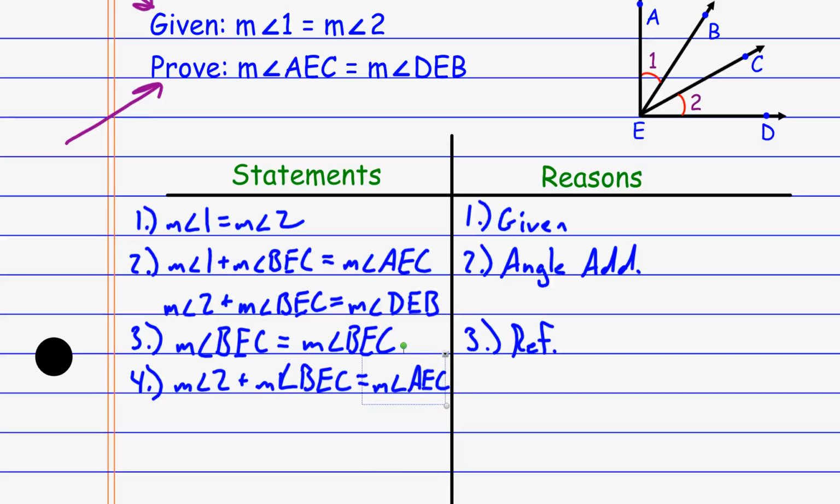And I can say that because in my very first step, the given, I said that these two things were equal, so I'm essentially taking this and substituting it in right here from step 2. So I can use substitution to justify that step.